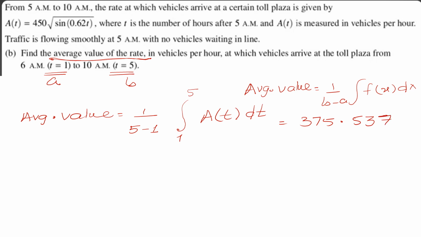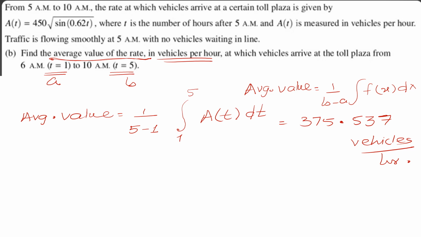So after the decimal, try to write at least 3 digits. And what is the unit of this? Vehicles per hour. That would be your final answer.